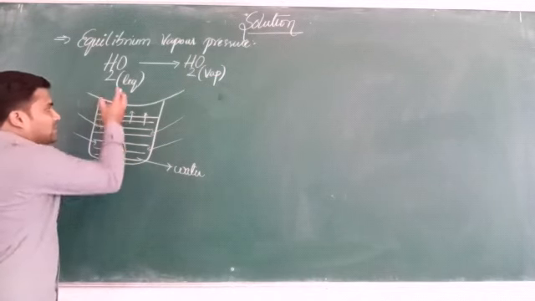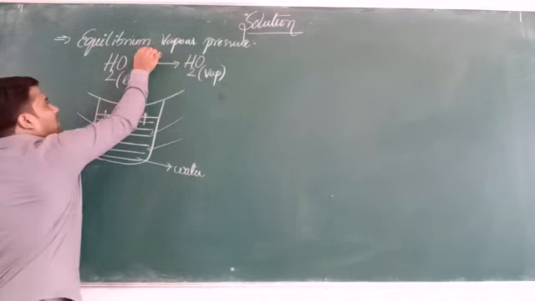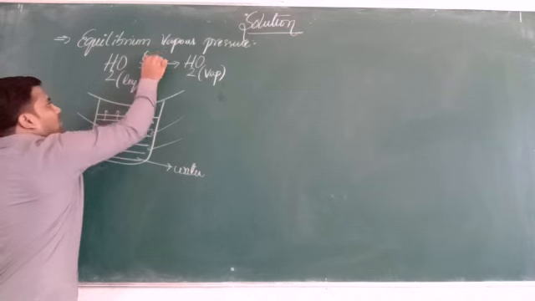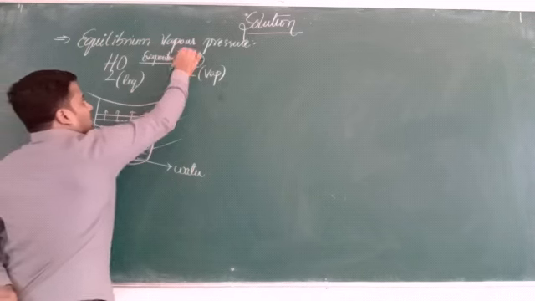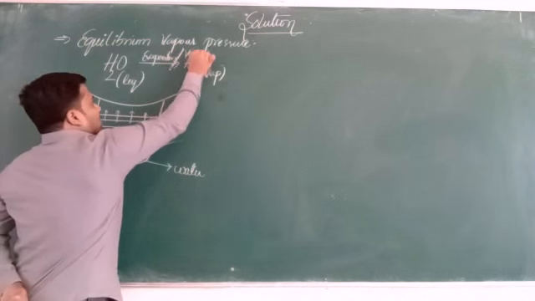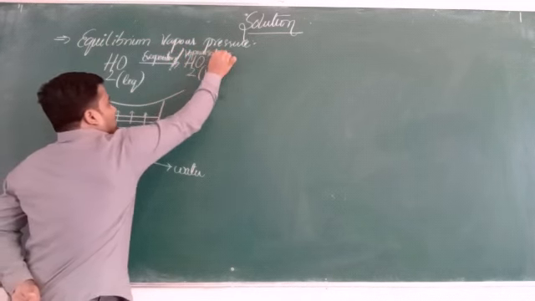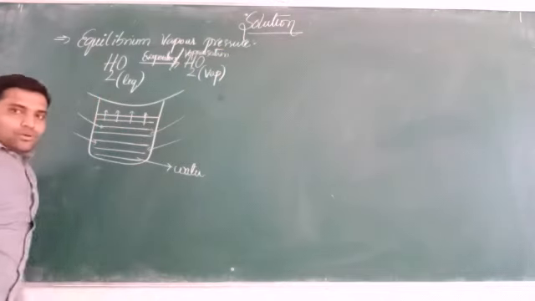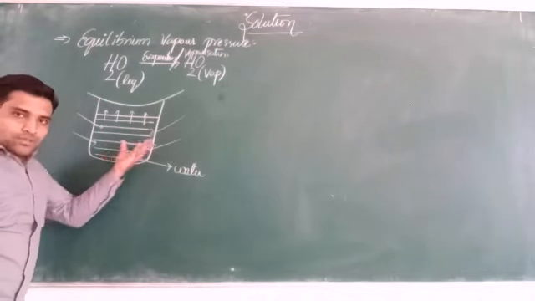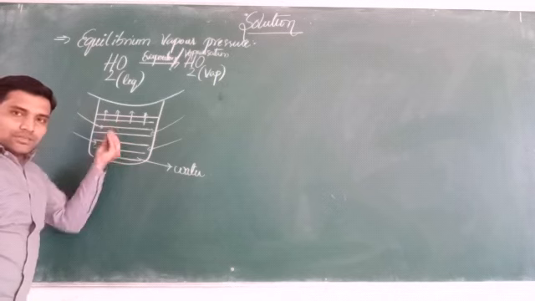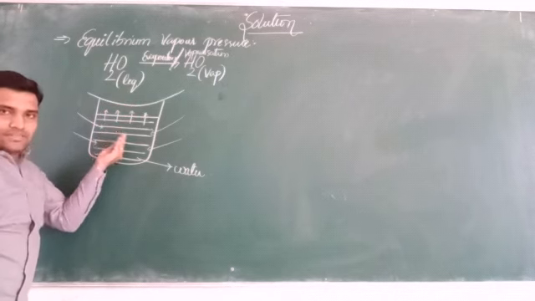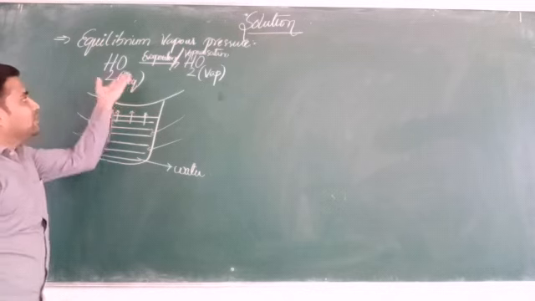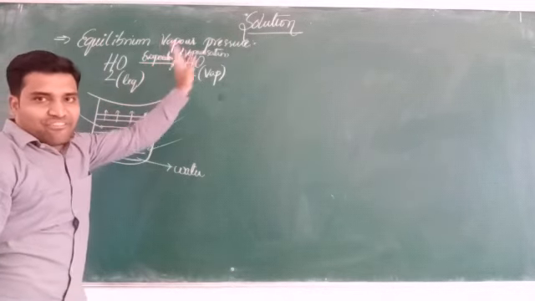This process is called evaporation, or you can also call it vaporization, right? By absorbing heat it turns into the gaseous phase. That means the liquid phase turns into the gaseous phase. That is called evaporation or vaporization.